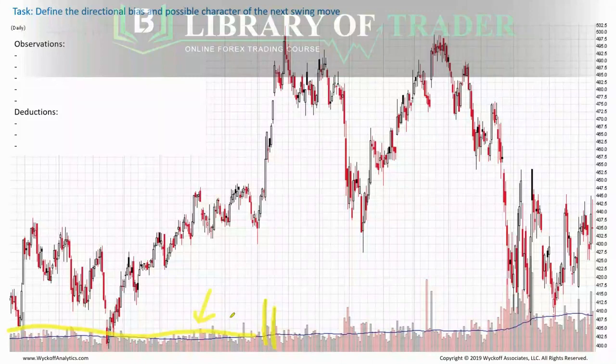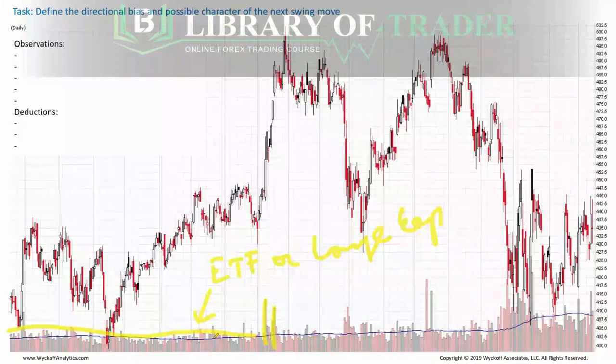We would even suspect that this is either an ETF or just a huge large cap stock. Why is that? Well, from the volume signature, we see that the volume does not change too much from day to day.